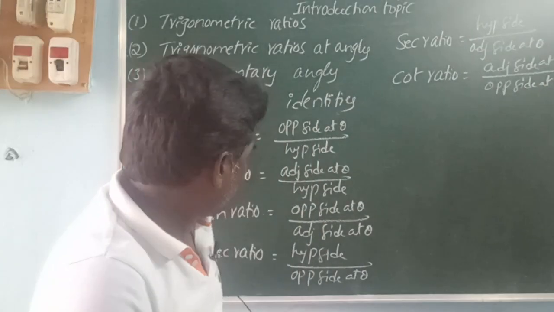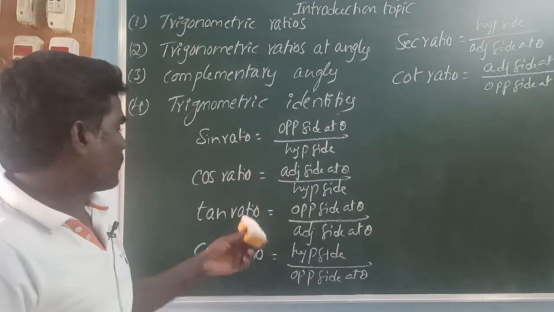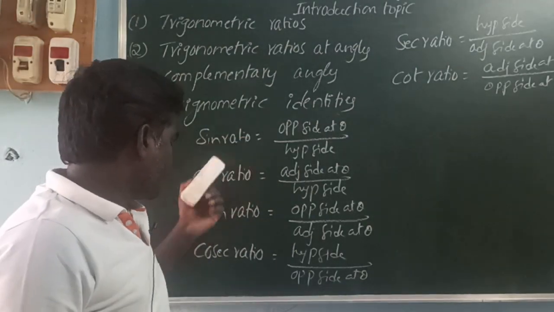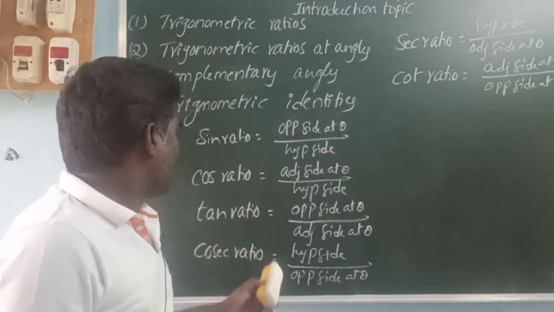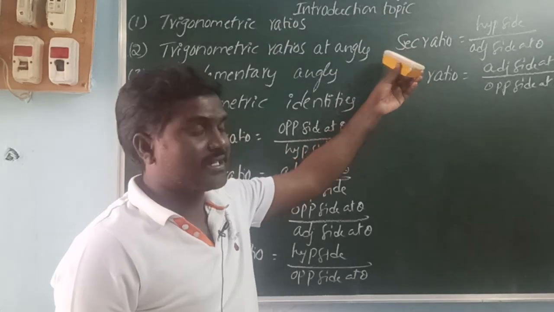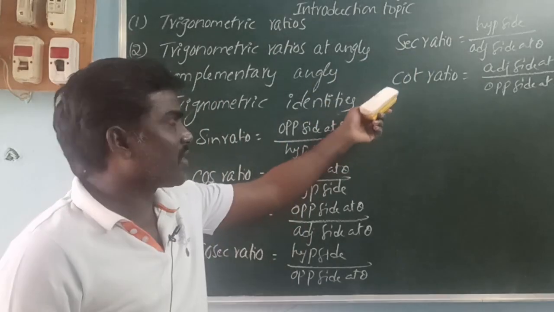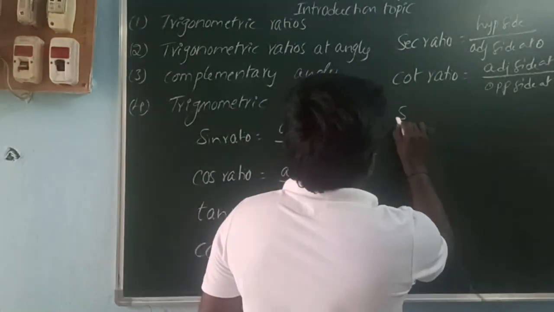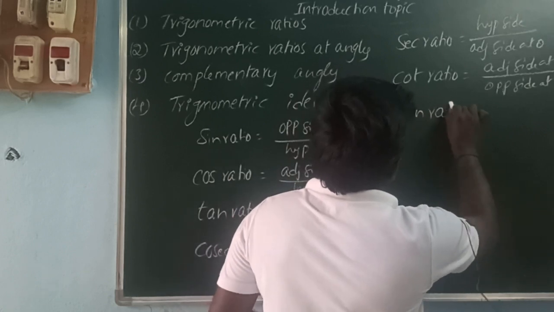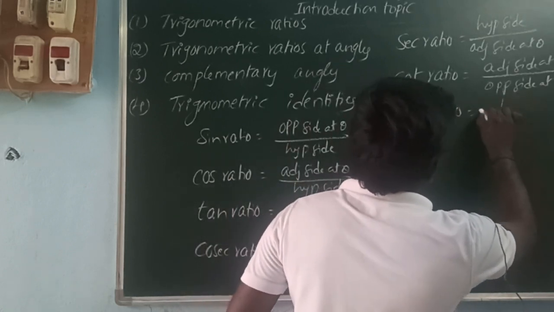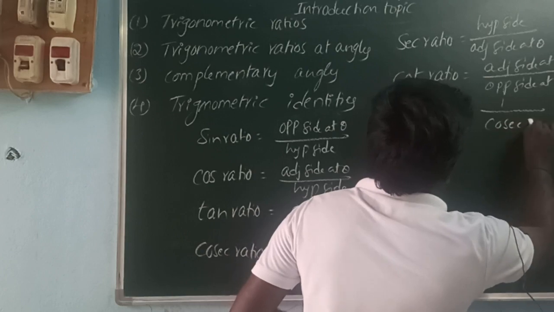Okay, so here when we observe the 6 ratios, the sine ratio is the reciprocal of the cosecant ratio. Next, cos ratio is the reciprocal of the secant ratio. Tan ratio is the reciprocal of the cot ratio. So sine is the reciprocal of cosecant, that is 1 by cosecant ratio.